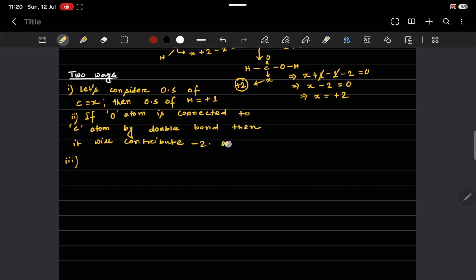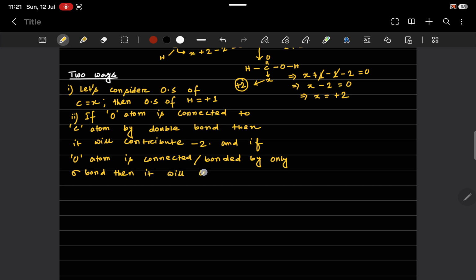If the oxygen atom is connected or bonded by a sigma bond only, then it will contribute -1. Okay, so two ways.